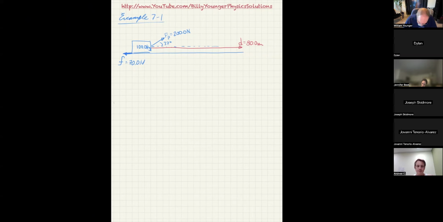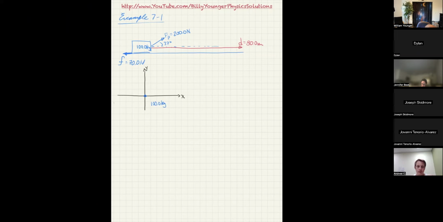Okay, now if I draw a free body diagram, what I do is make an x and y axis like this. This would be my y axis. This would be my x axis. I have a mass, which is 100 kilograms.